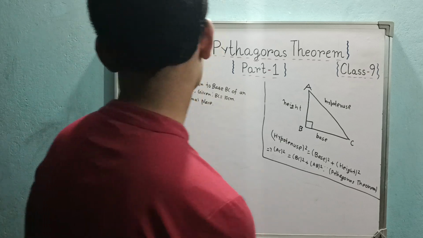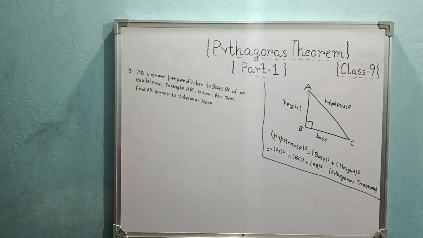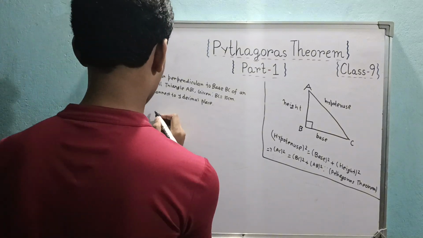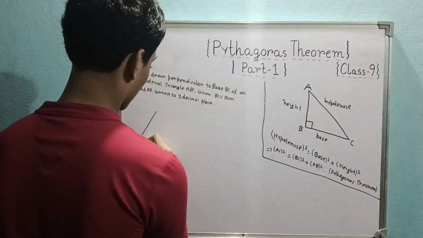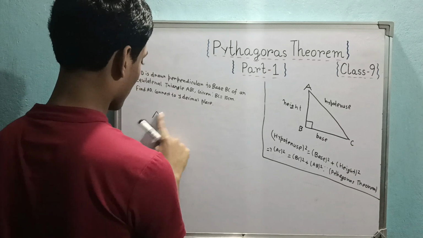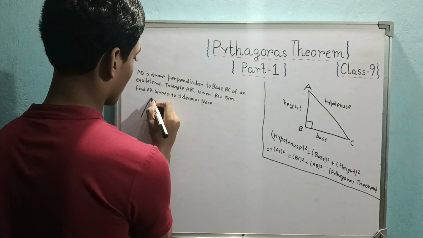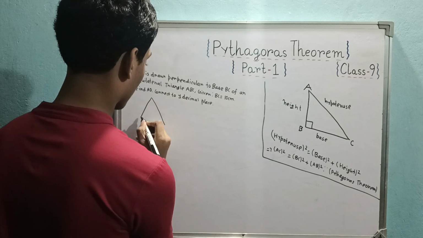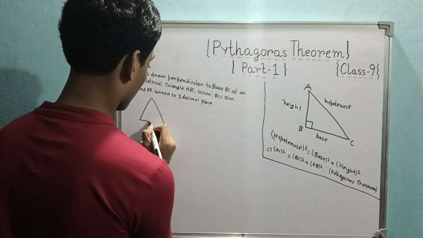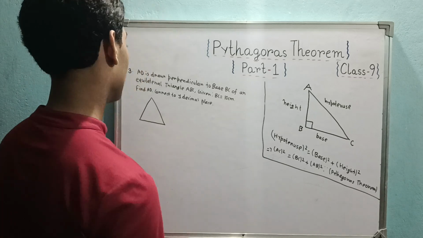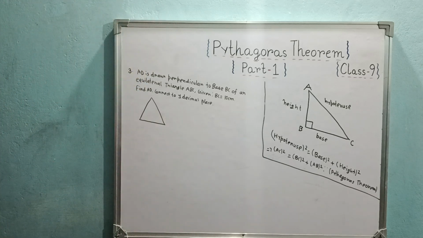So a very good question. First of all, what we are seeing here is an equilateral triangle ABC. So let us draw it. I will draw it a little bit upwards. Then, what do you know for an equilateral triangle? All the sides are equal.